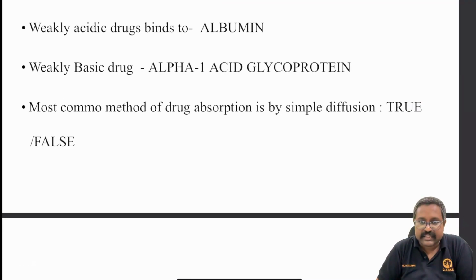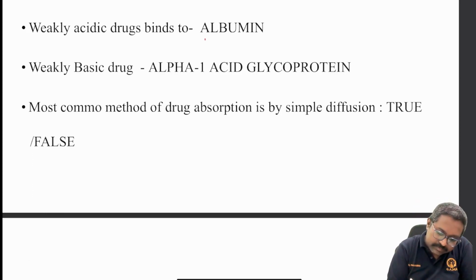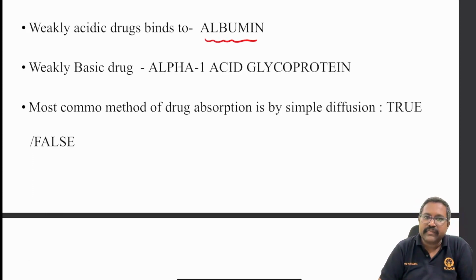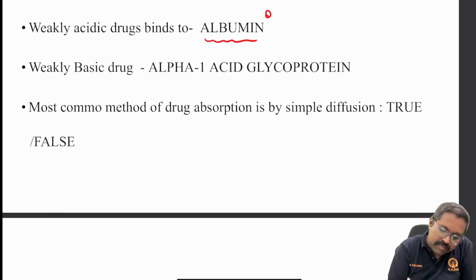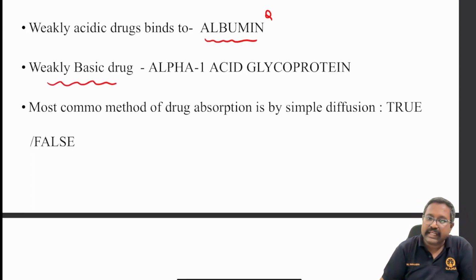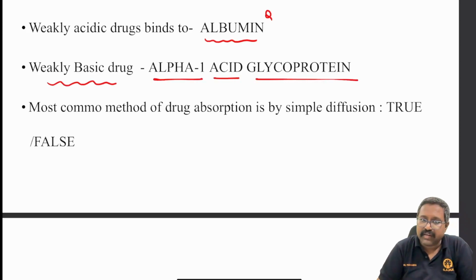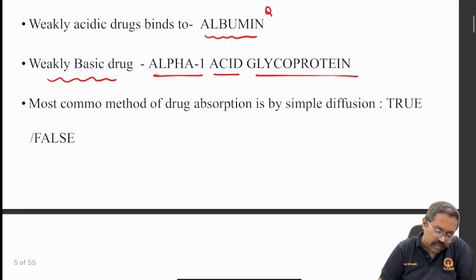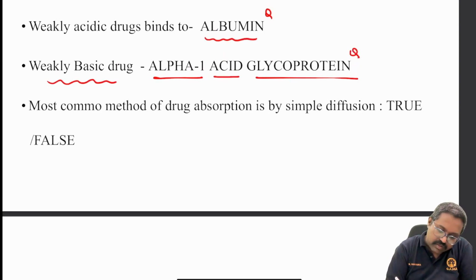So weakly acidic drugs usually bind to which of the plasma proteins? A weakly acidic drug will bind to albumin. Please remember it binds to albumin, whereas a weakly basic drug will bind to alpha 1 acid glycoprotein. So this you need to remember. How to remember this?